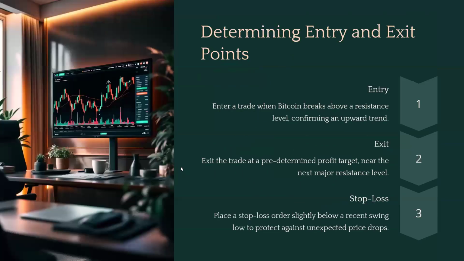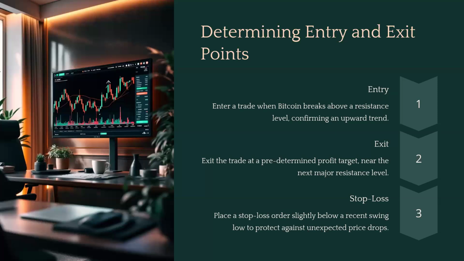So how do you determine entry and exit points? Enter a trade when Bitcoin breaks above a resistance, be it Bitcoin or any other cryptocurrency. A lot of investors or traders look for the price to break through, so that it is able to confirm an upward trend.